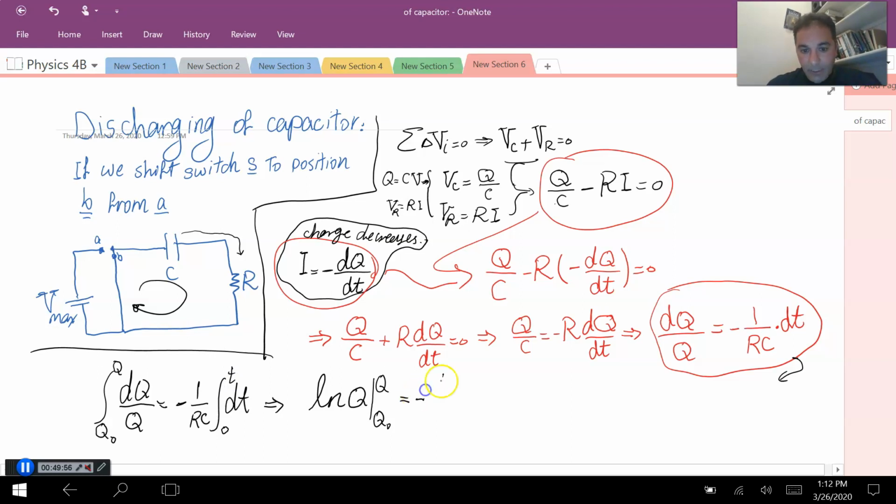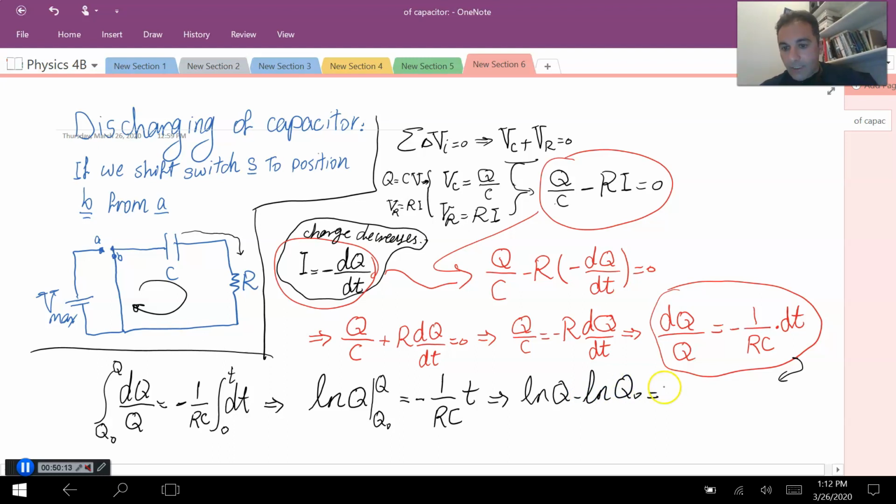So that will be minus 1 over RC T. Therefore, ln q minus ln q naught equals negative t over RC.